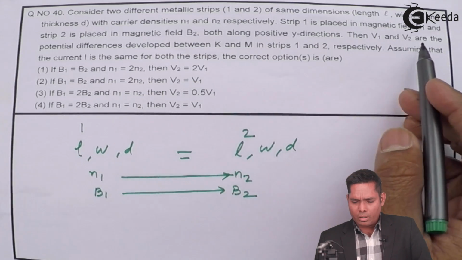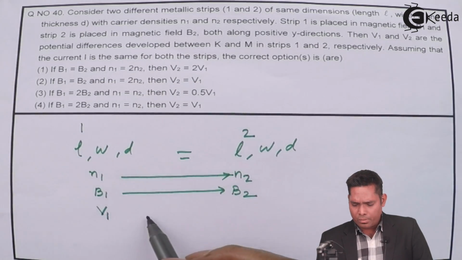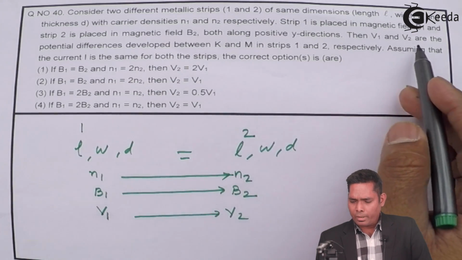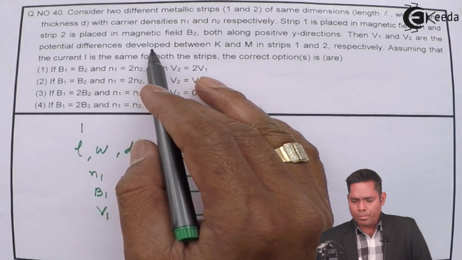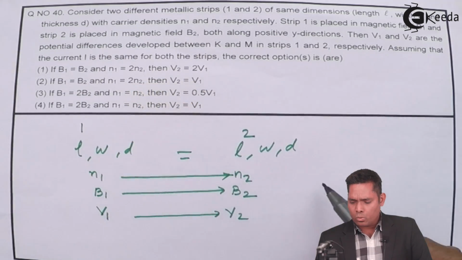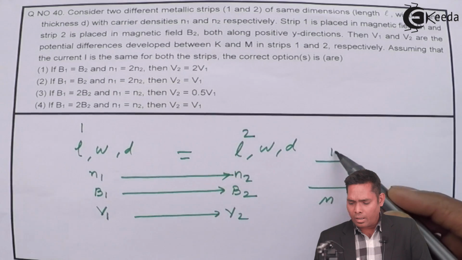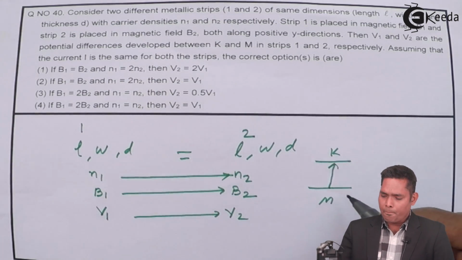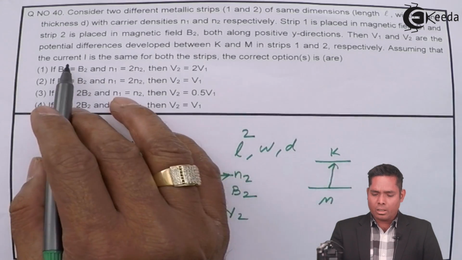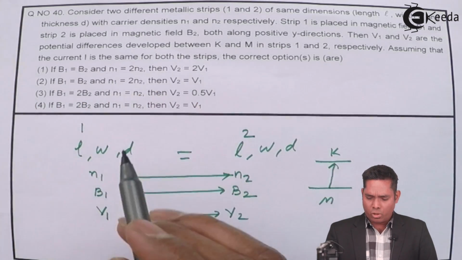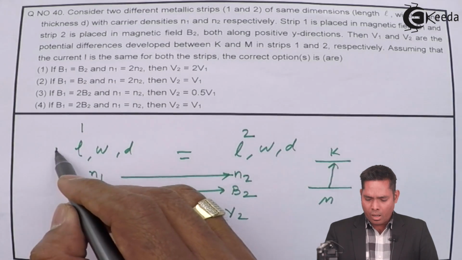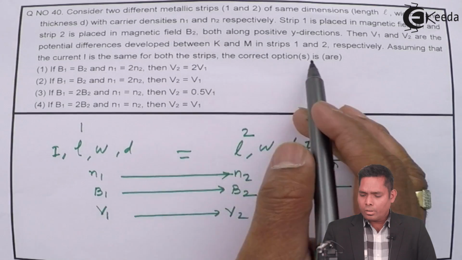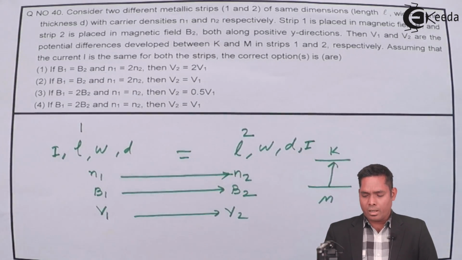Then V1 and V2 are the potential differences developed across the two ends, M and K. Assuming that the current I is the same in both the strips, which of the following statements is or are correct?